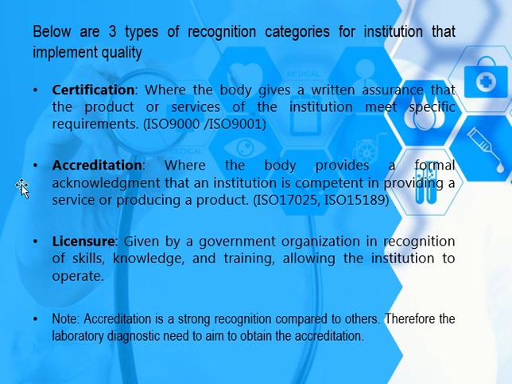Accreditation is where the body provides a formal acknowledgement that an institution is competent in providing a service or producing a product. Usually it is under ISO 17025 or ISO 15189. And a license is given by a government organization in recognition of skill, knowledge, and training, allowing the institution to operate. Usually, the license is for manufacturers, for pharmaceuticals and many more.